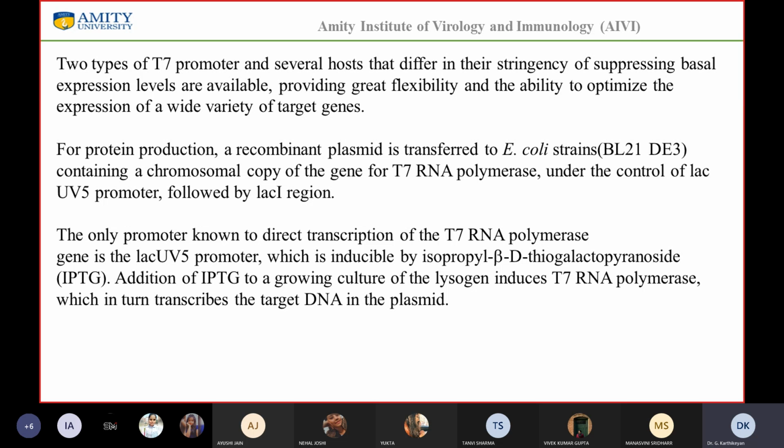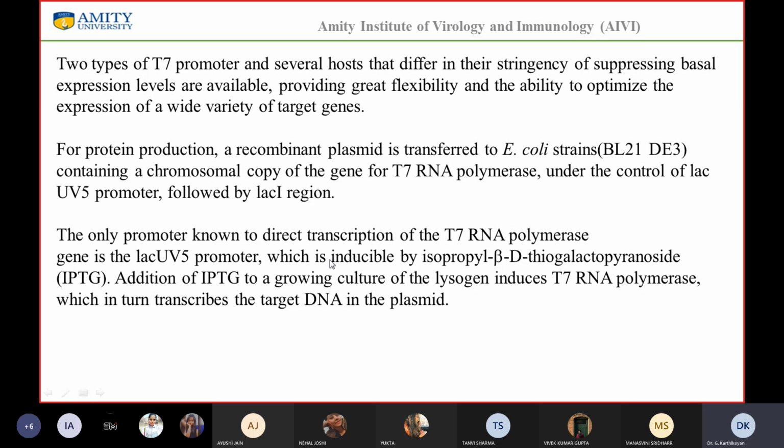Okay. For the purpose of protein production, a recombinant plasmid is transferred to this specialized strain, which is called BL21DE3, which carries a chromosomal copy of the gene for T7 RNA polymerase, which itself is under the control of the LAC-UV5 promoter, followed by the LAC repressor region. And the only promoter which is known to direct the transcription of T7 RNA polymerase in these strains, BL21DE3, is the LAC-UV5 promoter.